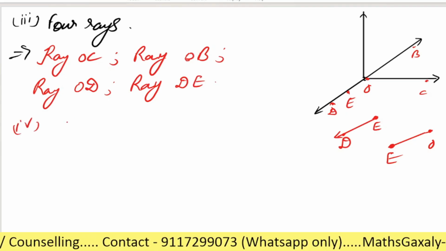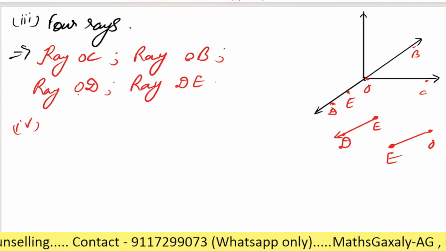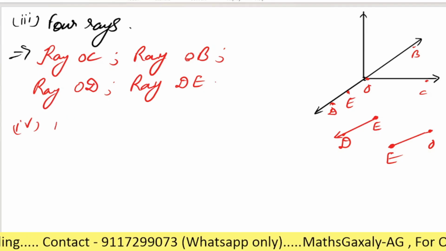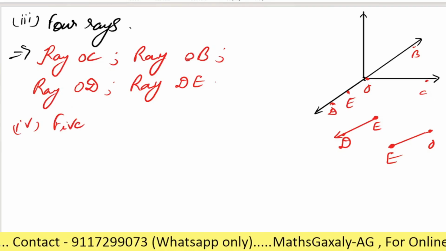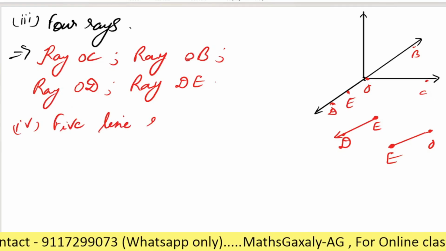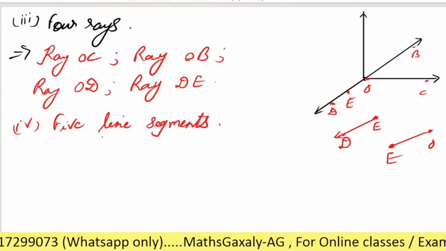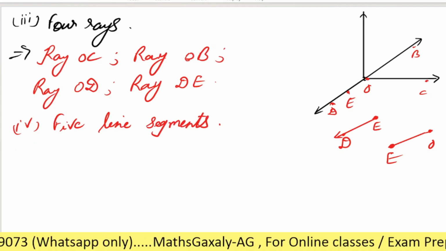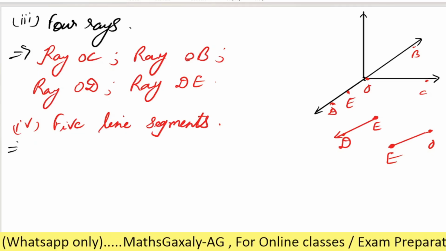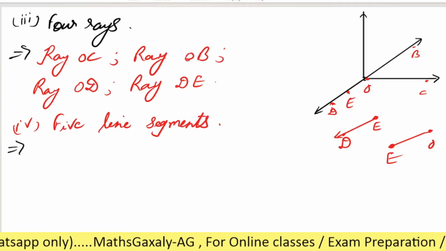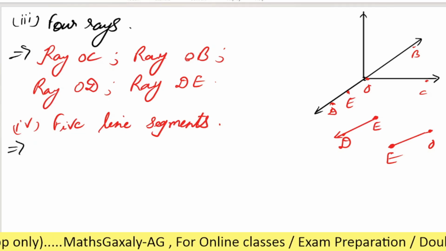Now the fourth one. What is it saying? Five line segments. So what do you know about a line segment? It has two endpoints. Very good.